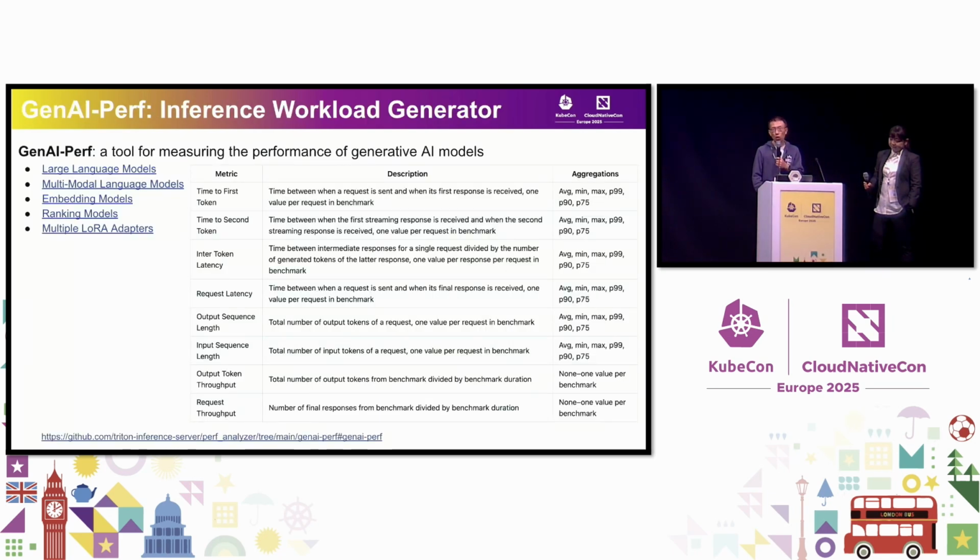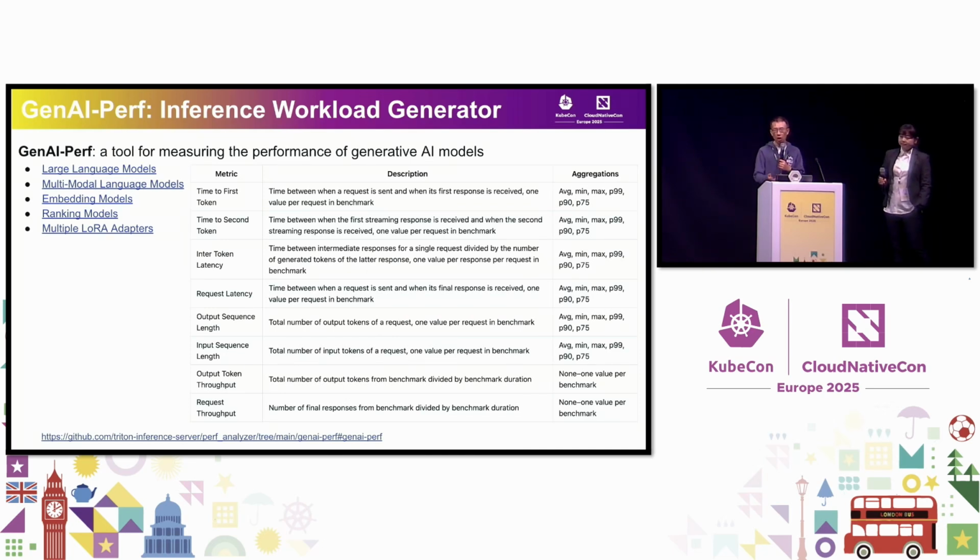Another thing I want to mention: recently, as part of the performance analyzer, there is a new workload generator called MLPerf. It's a specific tool to measure and benchmark generative AI models. It's still under active development, but please check it out if you're interested.